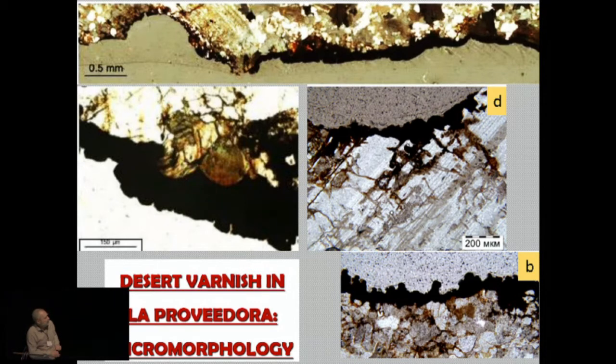Sometimes it has a very complex botryoidal surface. A very interesting thing: the coating of varnish itself does not contain fragments of primary minerals, which casts doubt on the idea that it is a weathering product. It is just a uniform coating, strongly pigmented with iron and manganese.